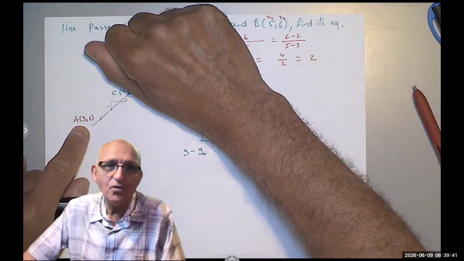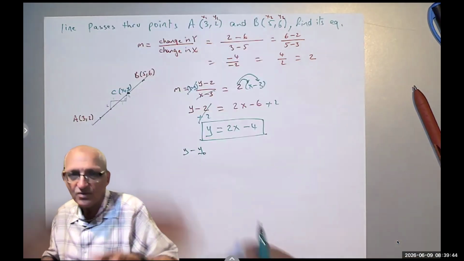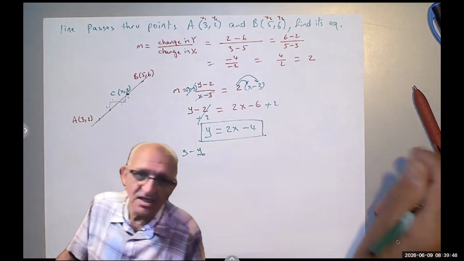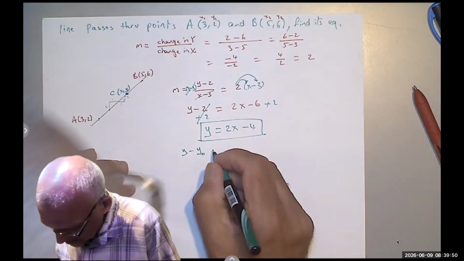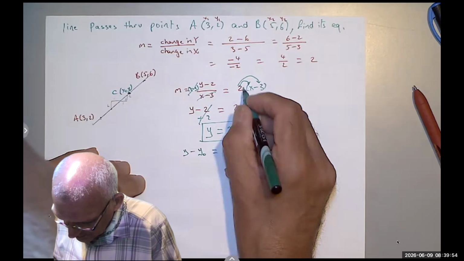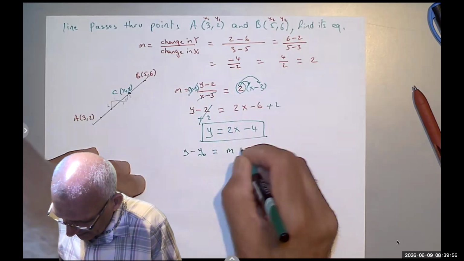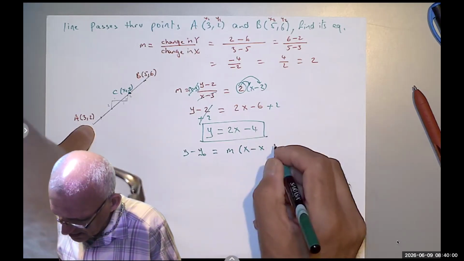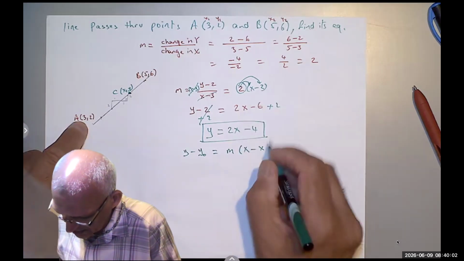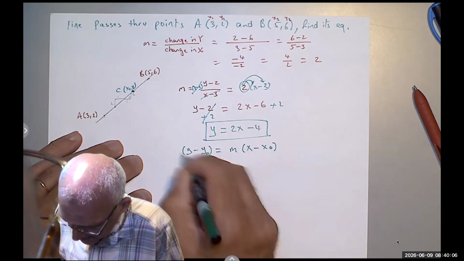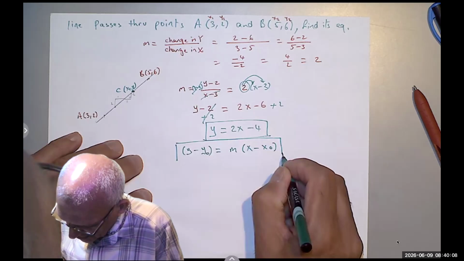So instead of saying x1 and y1, we say x0 and y0. Really, this number doesn't make any difference. Equals the slope, which is 2, multiplied by x minus x0, which is 3. And this is how you see it in your book.